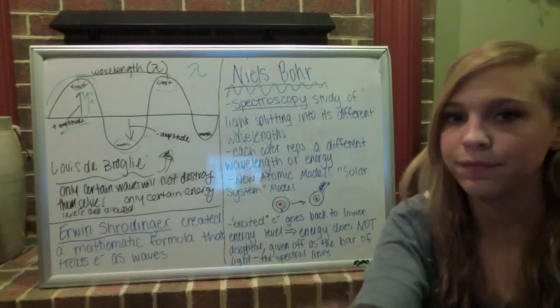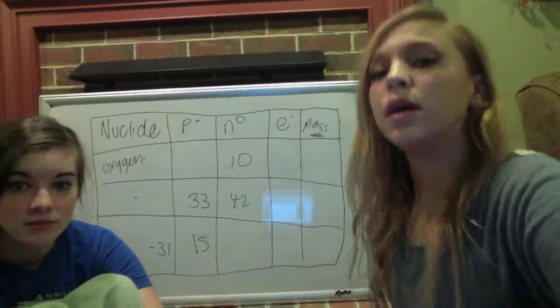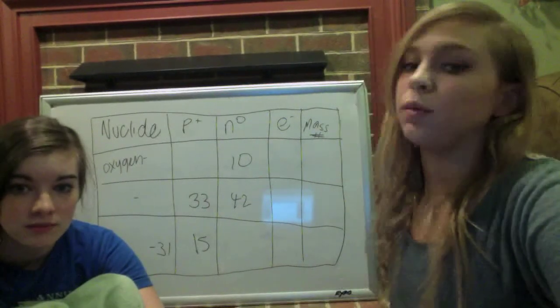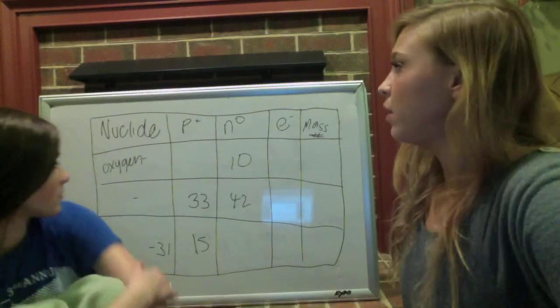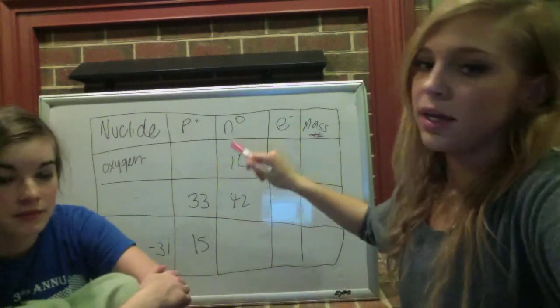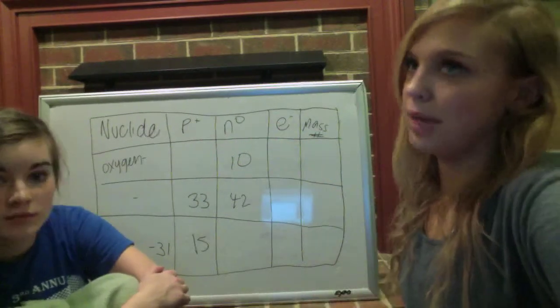Okay, so this is going to be our first sample problem. If you look at your periodic table, it will really help you with this. So we know that for oxygen and for any other element, your protons and electrons are the same number.